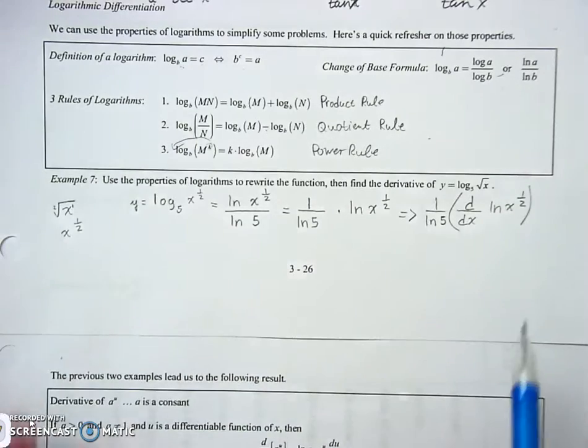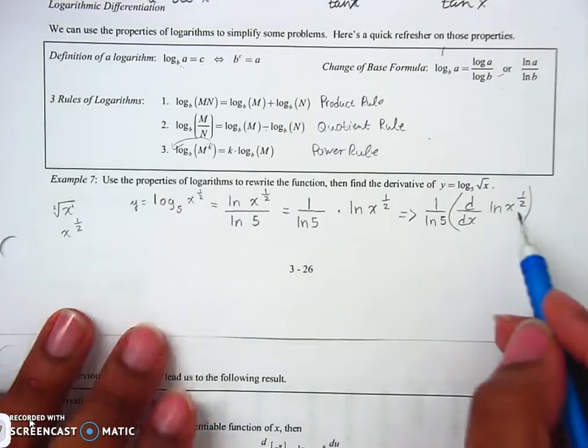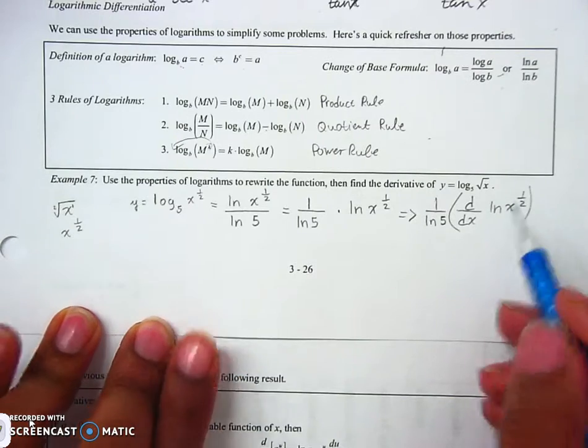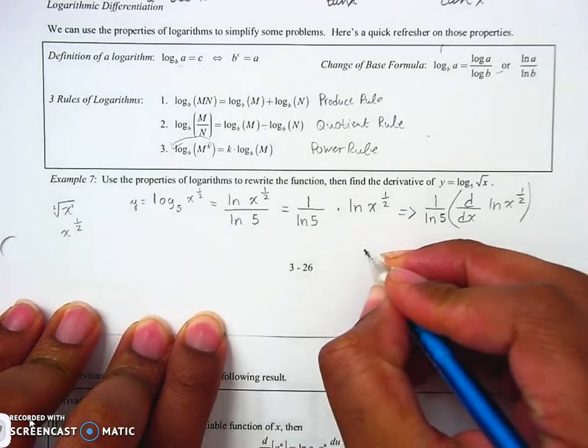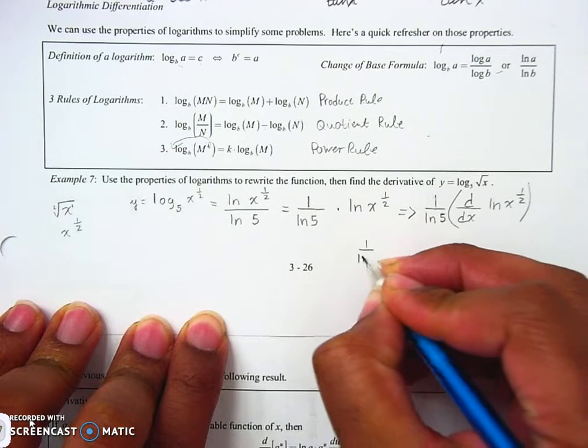Here, we just talked about this earlier. This is considered your u, so we'll make that u and go from there. We keep the 1 over natural log 5.